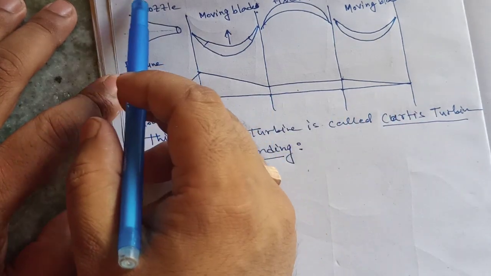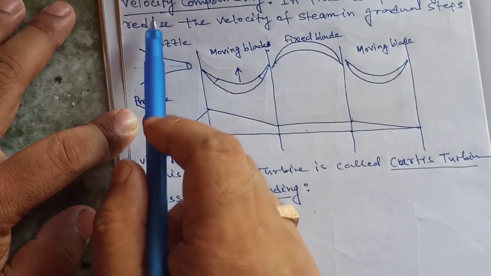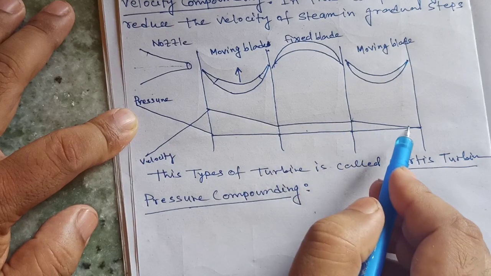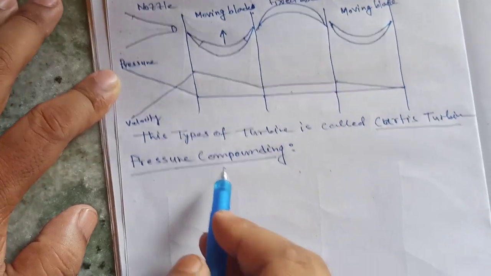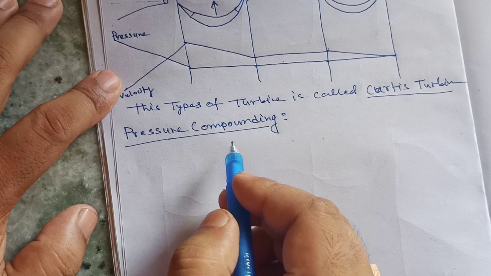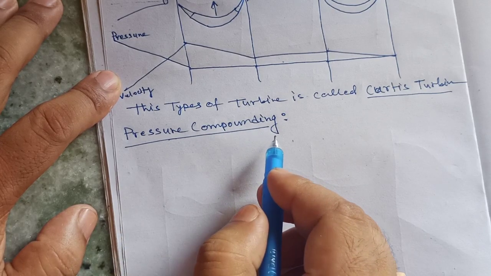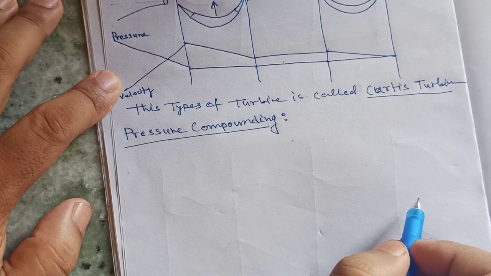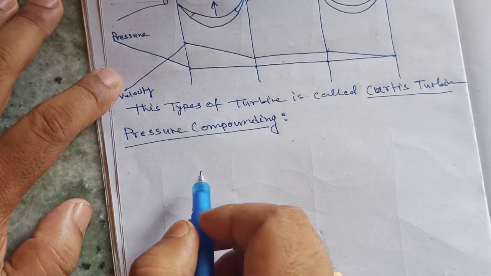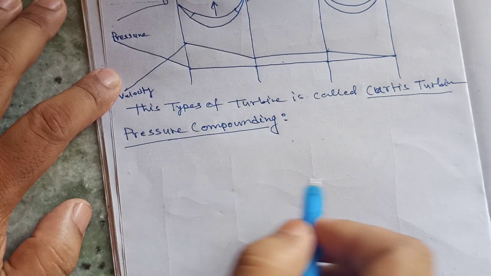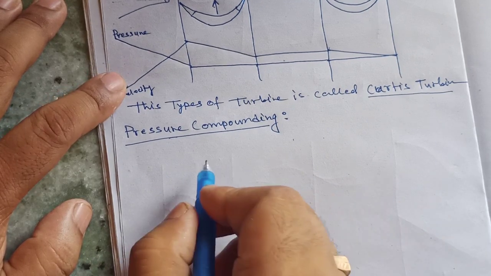Here you can see that for velocity compounding, the velocity is reducing in gradual steps. But in case of pressure compounding, you have to arrange the blades in such a way that pressure will reduce in gradual steps, but velocity may change or not, but pressure will change in gradual steps.